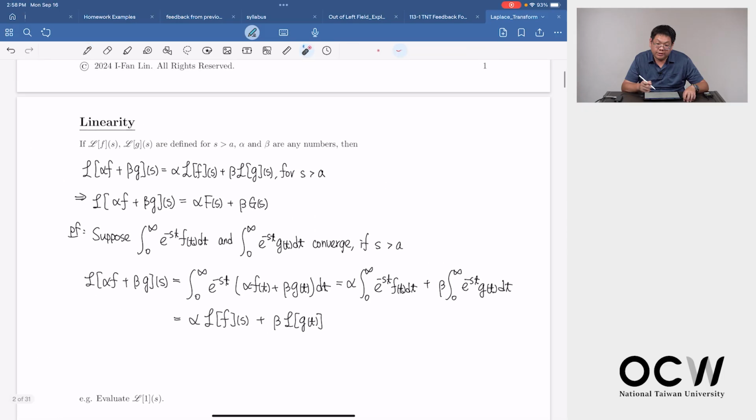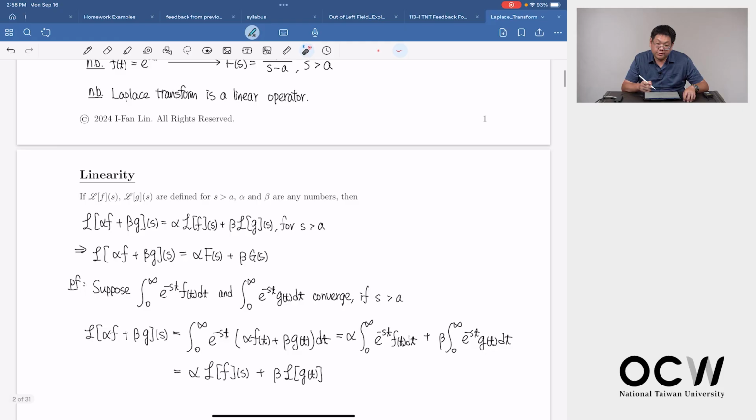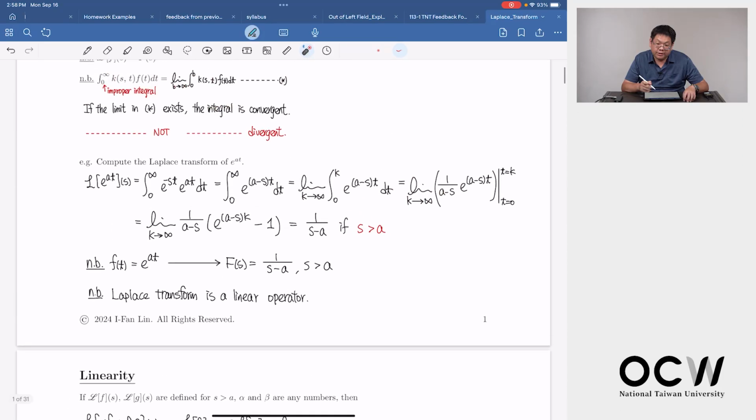So here we say that for the Laplace transform, if the improper integral exists, the limit exists, or the integral is convergent, then we have the Laplace transform. If the integral is divergent, then we cannot have the Laplace transform.